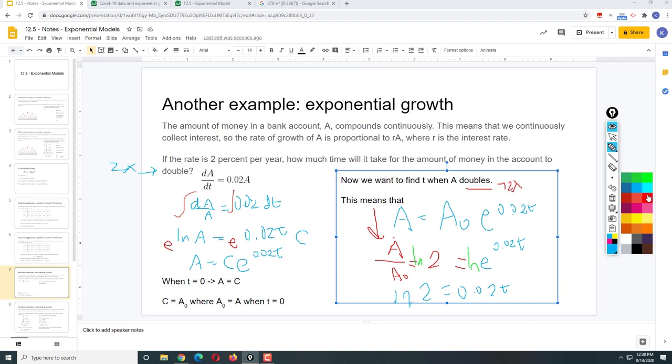That means to solve this, we can take e of both sides. Sorry, we don't have to do that. That's a mistake. We're looking for t, so we divide both sides by 0.02. So that means that t is equal to ln 2 divided by 0.02.